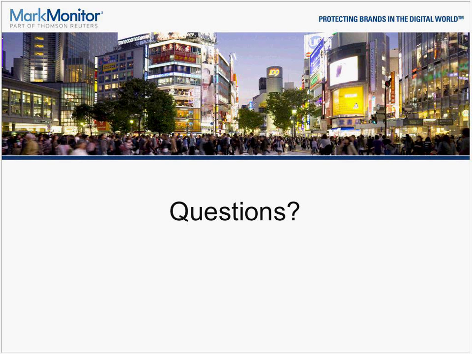All right, so the first question: great examples and information, but before you can enforce on these restrictions, shouldn't you have partner branding guidelines in place first? And the answer obviously is yes.